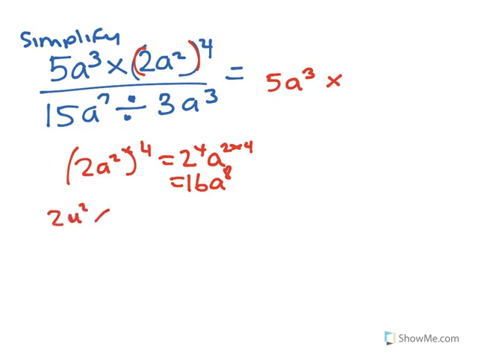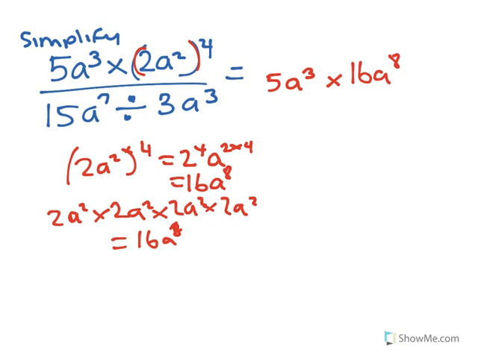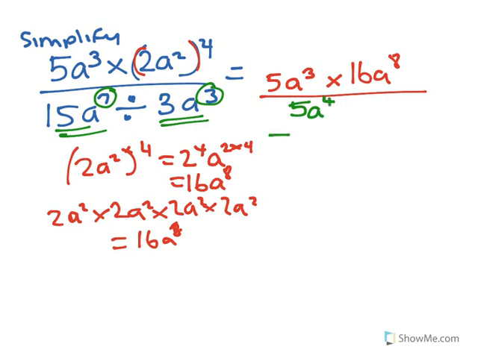You could also write it out 4 times, but that's the long way of doing it, and we're always good to look for shortcuts. This is what maths is all about. It's about finding little patterns and then seeing if you can apply the patterns to simplify things. Okay, so 15a7 divided by 3a3: 15 divided by 3 is 5. a7 divided by a3 is 7 minus 3, which is 4.